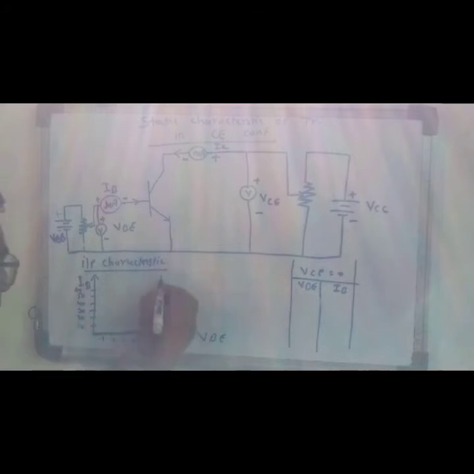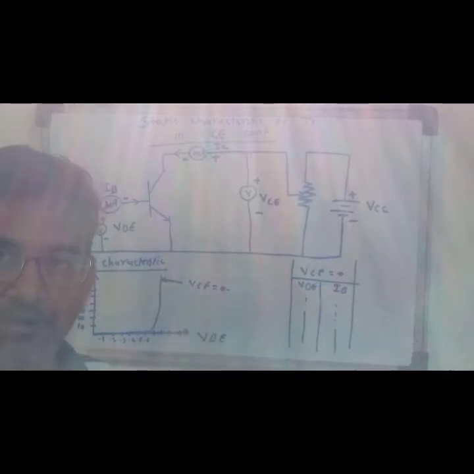By keeping VCE equal to 0, we will get this value. Then after some time what you have to do, this VCE we have to adjust. First time we have put VCE equal to 0.